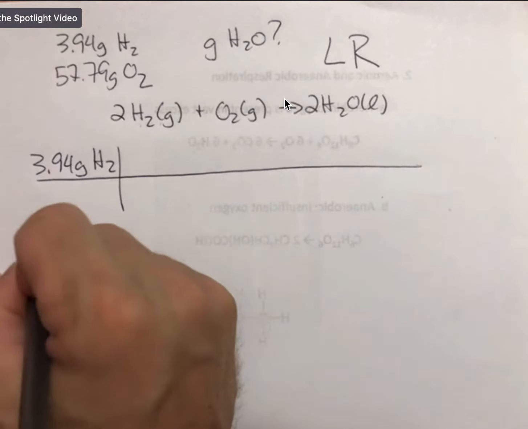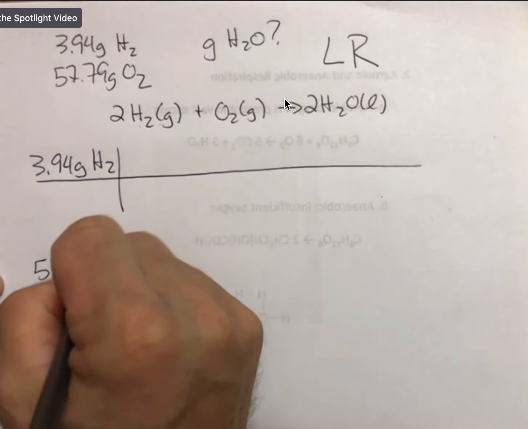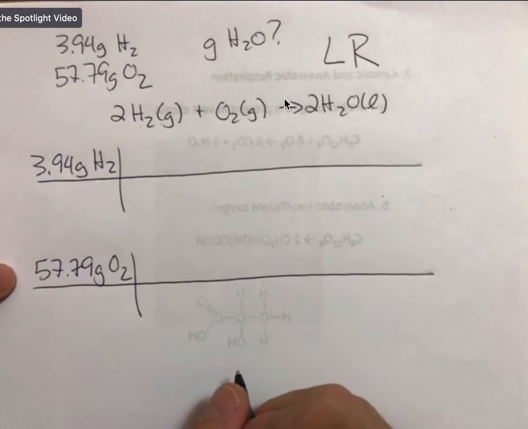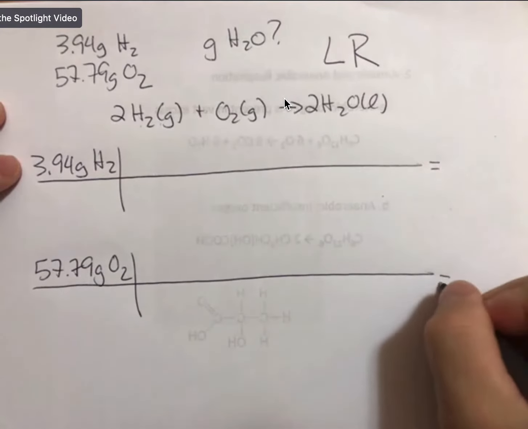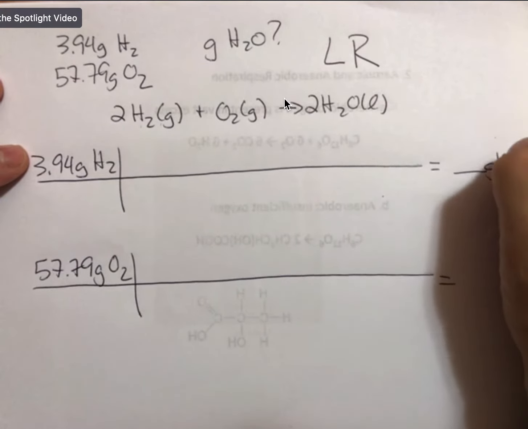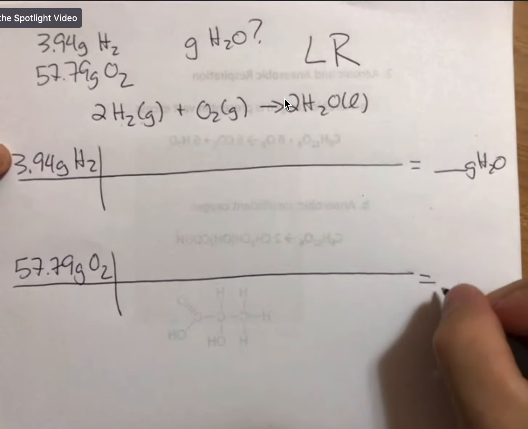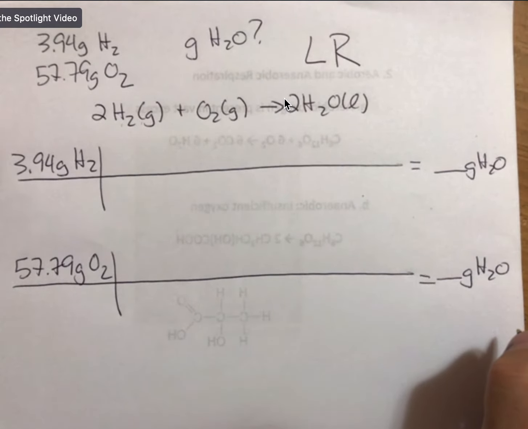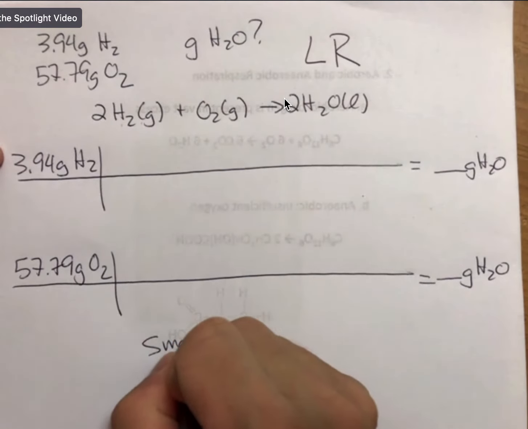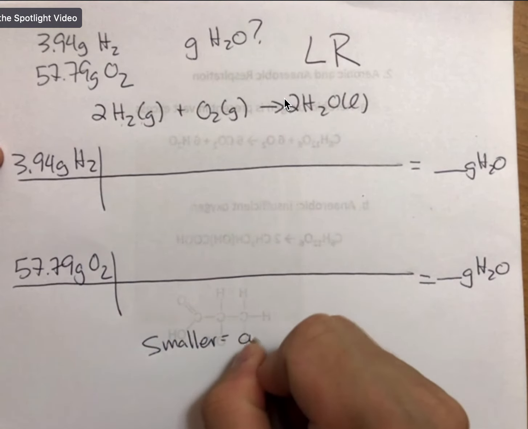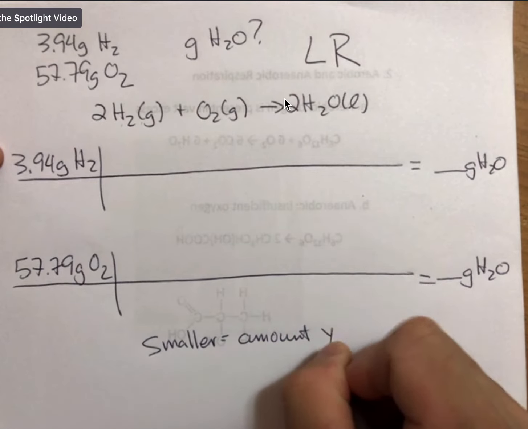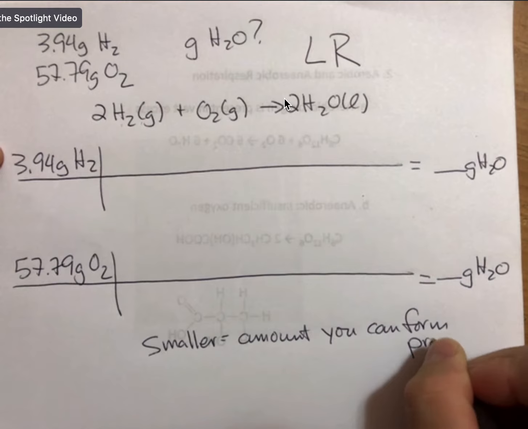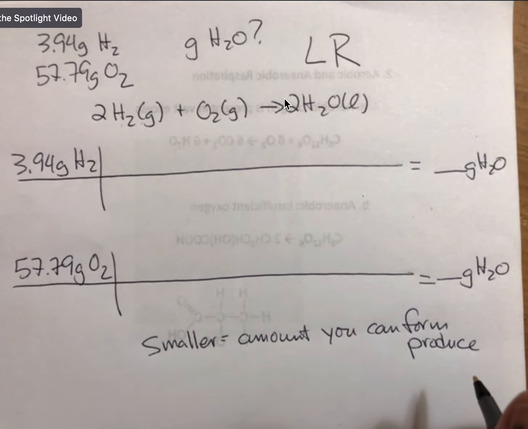You also start with the oxygen, and when you get to the other side, then you calculate grams of H2O. Whichever number of grams of H2O is smaller is the actual amount you can form, or produce via this reaction.